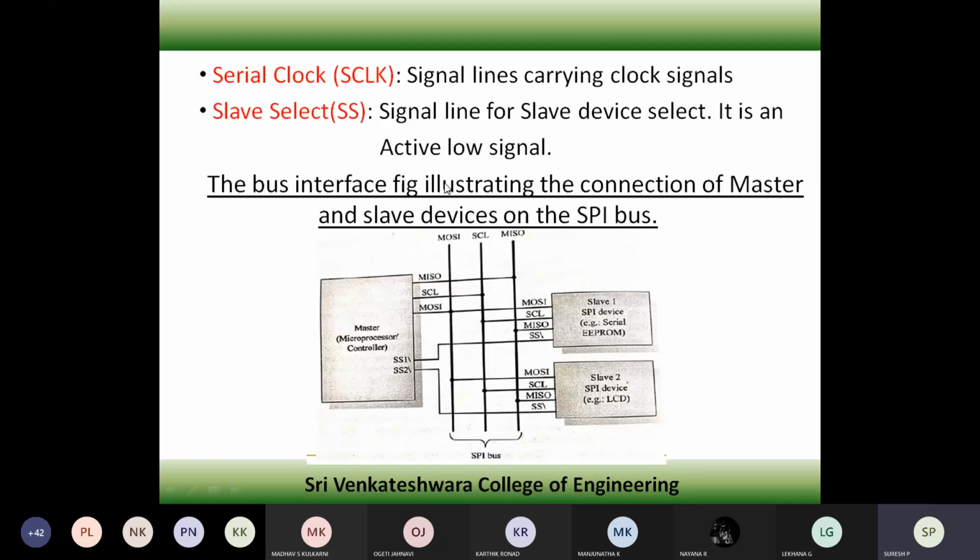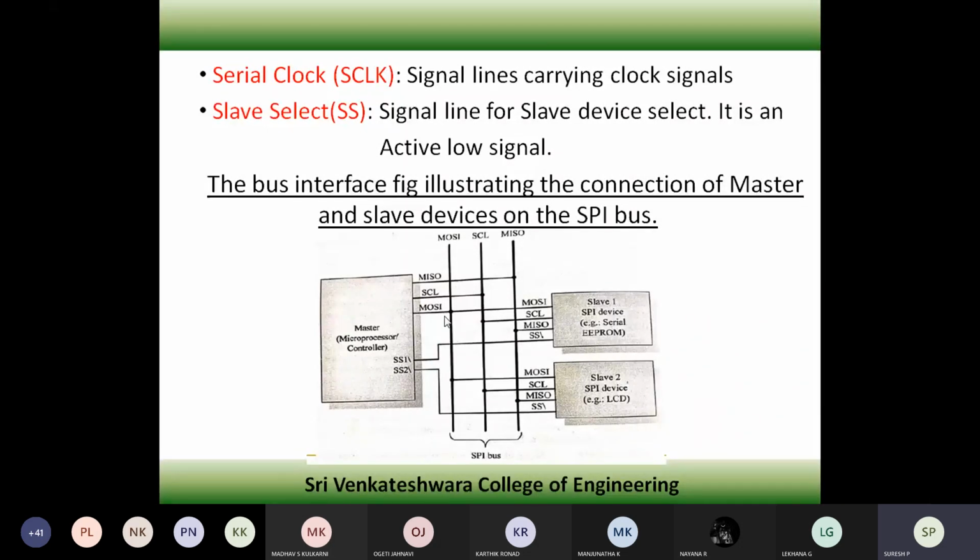Okay. So how it is going to select is the next point. You can see it here. By generating the clock pulse, it has to initiate the connection. When the master device is going to generate the clock signal, it selects the required slave devices.